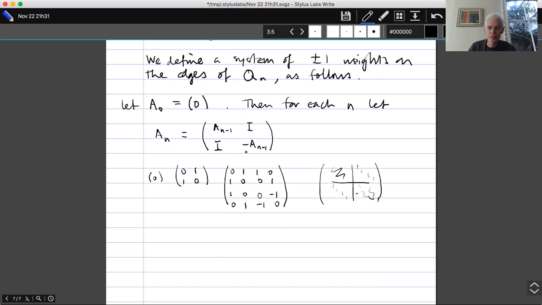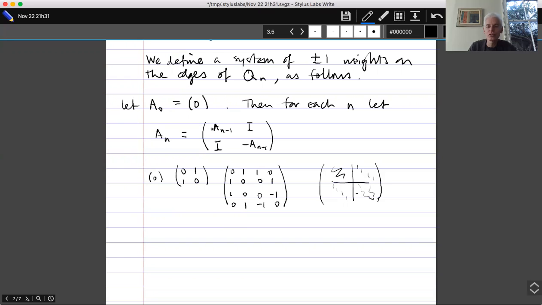That's easily proved by induction, and the proof is rather similar to the proof for Hadamard matrices. So if I take two rows that are in the same half, then by induction, those two rows of an minus 1 are going to be orthogonal to each other, and the two rows of the identity matrix are obviously orthogonal to each other because they're disjointly supported.